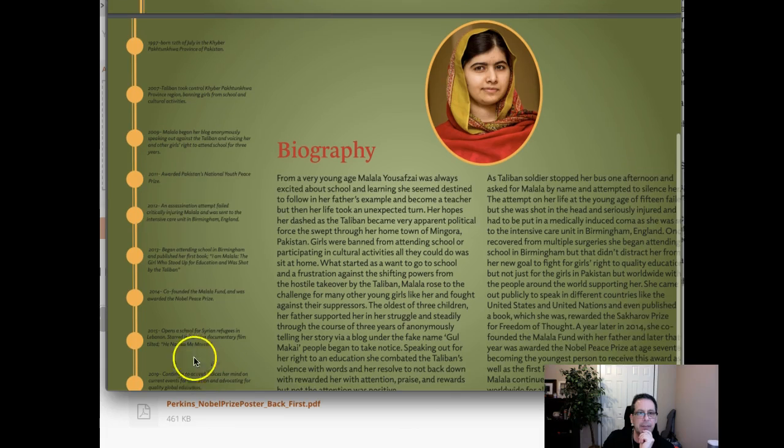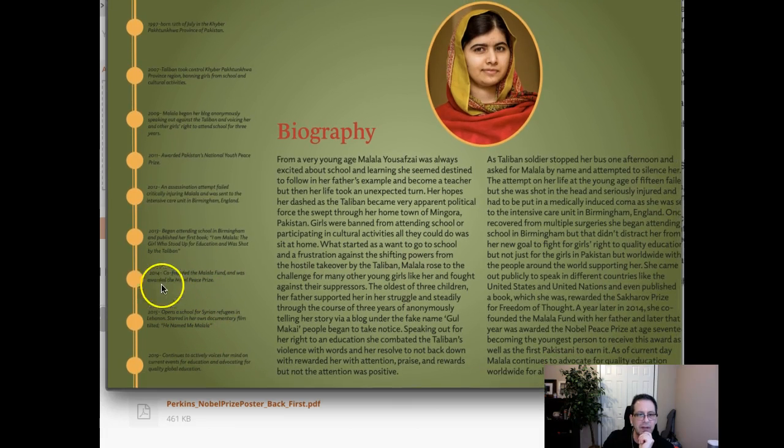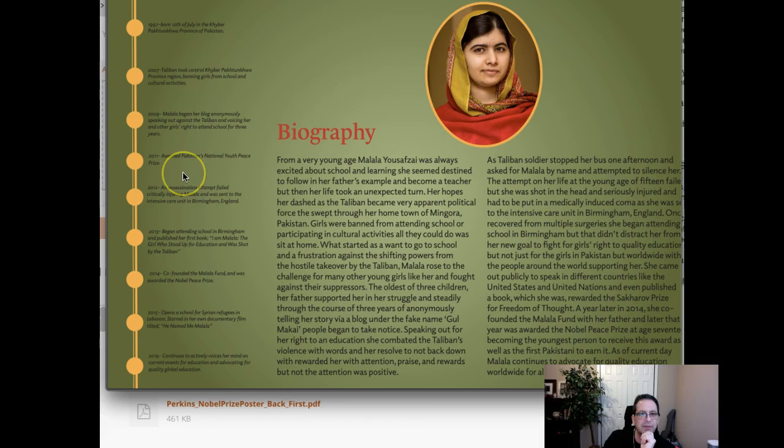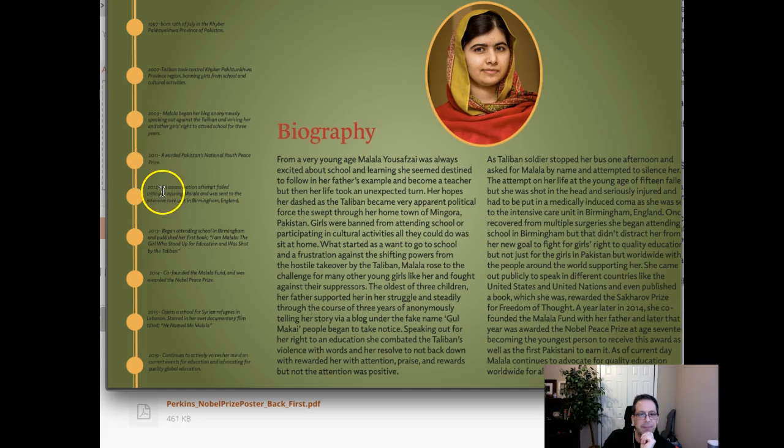Now in the timeline, I'm noticing a couple of inconsistencies. Right now, you've got an indent here at 2014, and a little indent at 2013, but the 97, 2007, 2009, none of those have indents. So be sure that you're as consistent as possible there. Also, some of your entries, well, how do I put this?